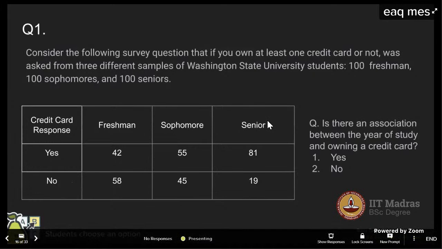Okay, so that's the main question. Is there any association between the year of study and owning a credit card? I think I've already answered it. Still, take your time.